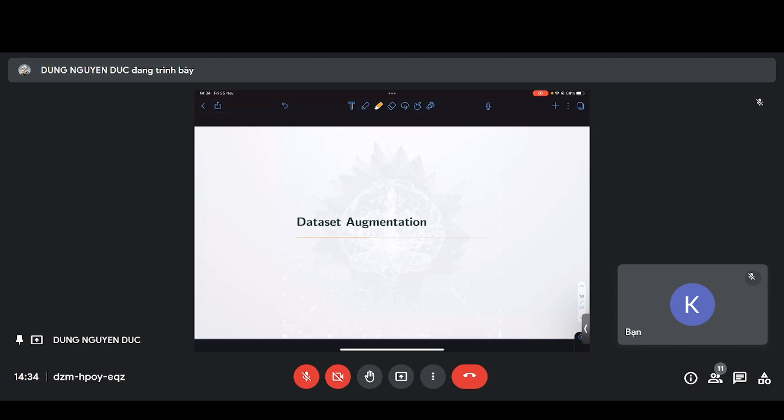For example, some noise I have around here caused by some drilling machine, some noise caused by cars and motorbikes, must be suppressed or must be added into my voice. So by adding some noise into my voice, I do data augmentation.